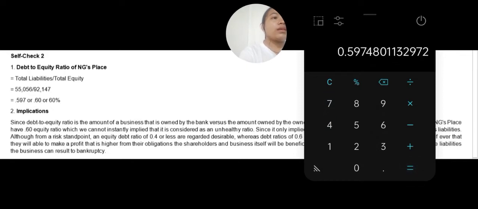There we get 0.596, or when you round it off, you get 0.60 or 60%. So that's how we come up with such an answer.